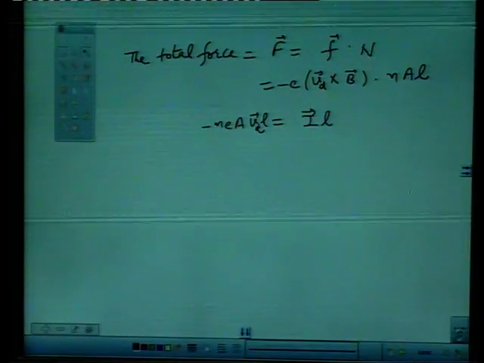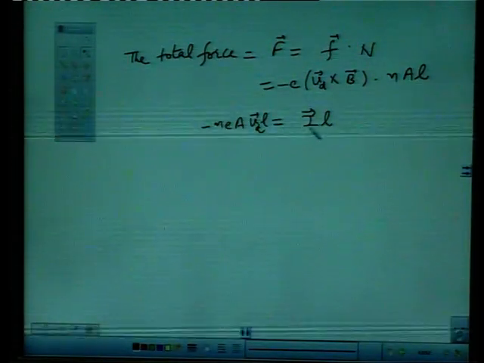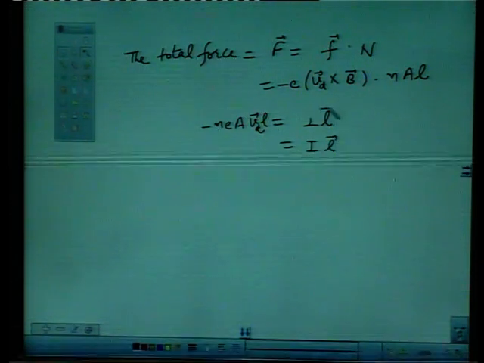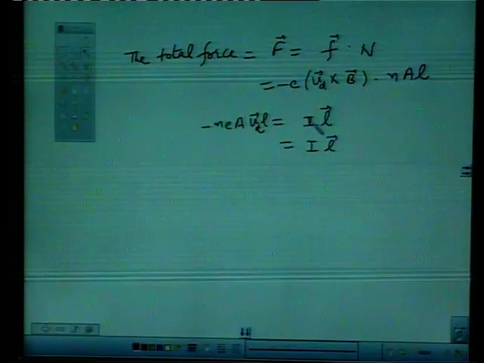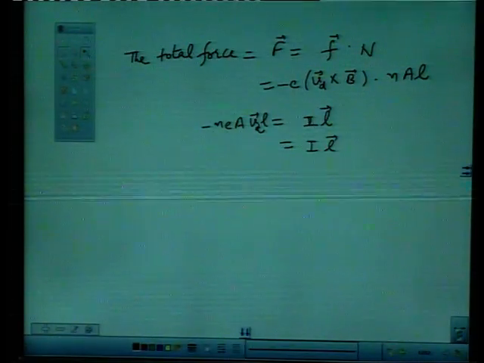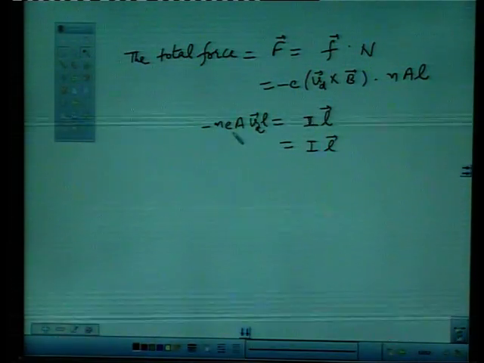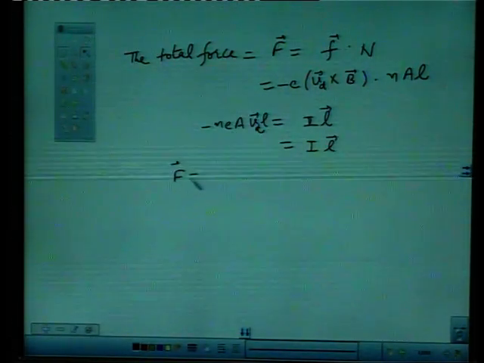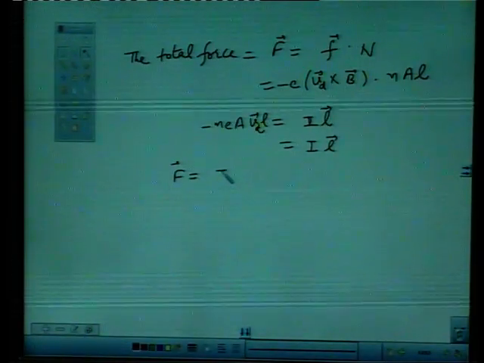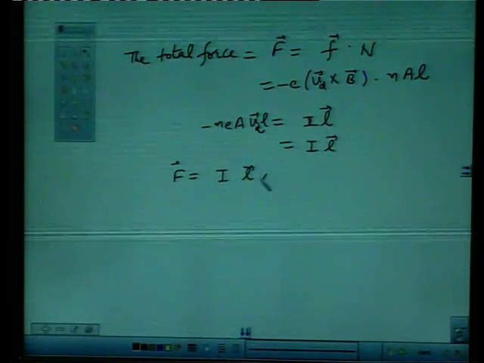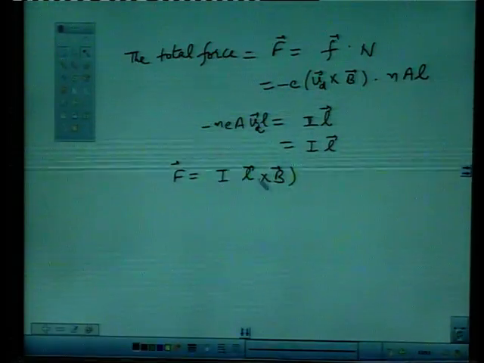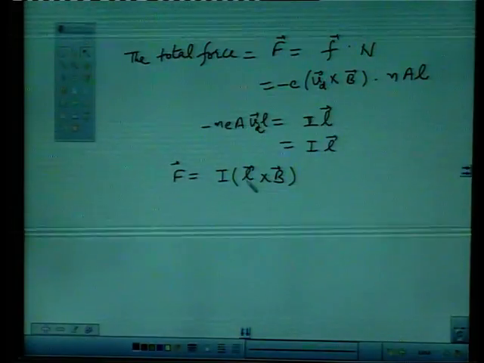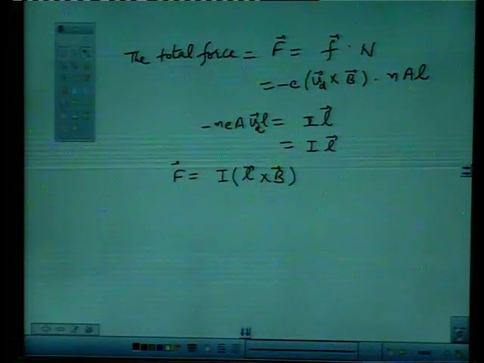Since I is a scalar quantity, we can write it as I into L vector. So putting the value of minus n e A Vd L equal to I L, we have F vector equal to I L vector cross B vector. So this is the force acting on a current carrying conductor of length L placed in a magnetic field B.